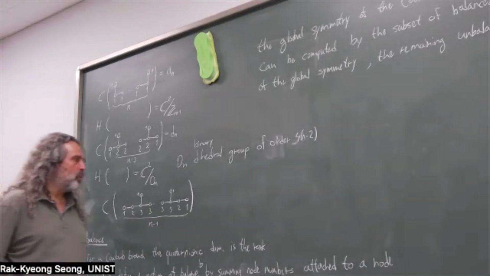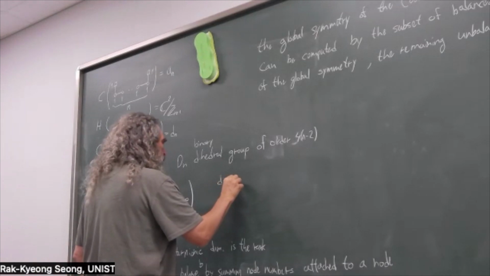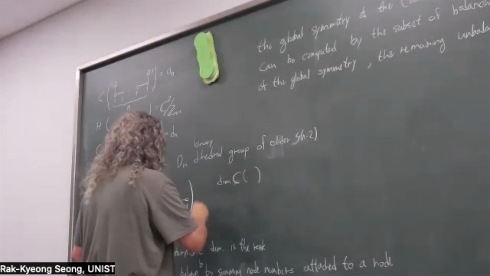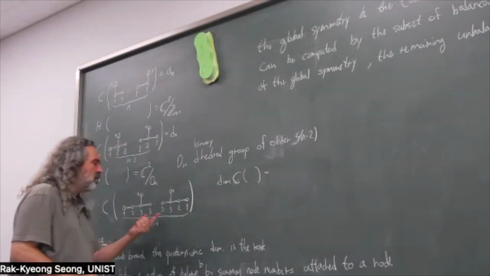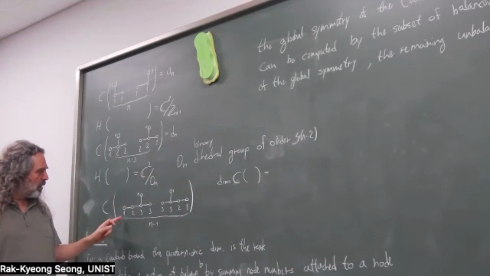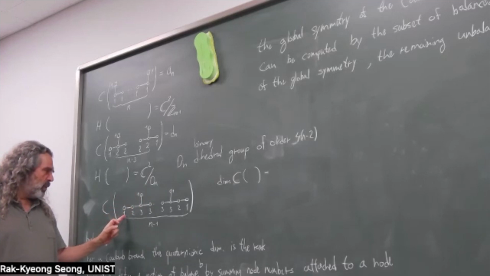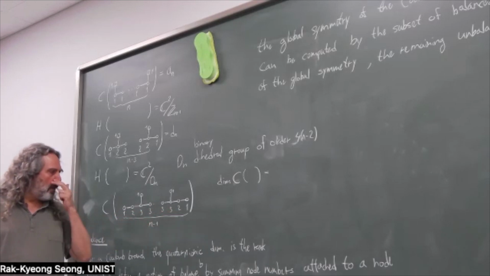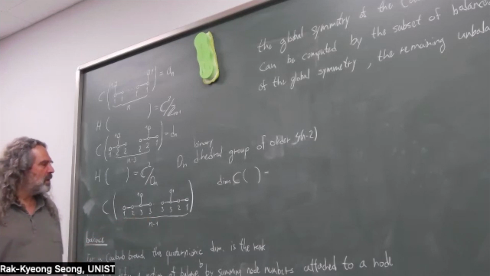So first of all, let's compute the dimension. The dimension of the Coulomb branch of this quiver is just the sum. So let's sum the numbers. We could also turn this one into a flavor without any cost. So we will have 3 from here, 3 here, and 3 more. How many in total? n plus 1 times 3 plus 1.